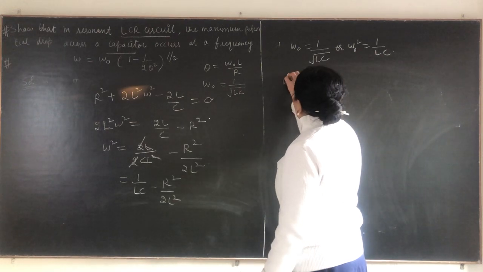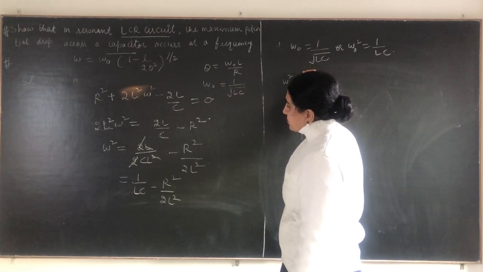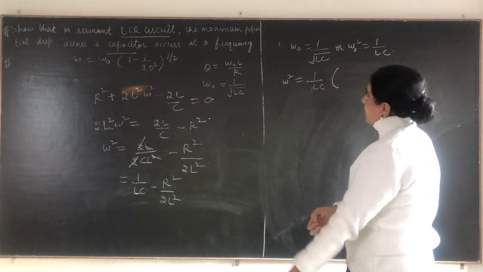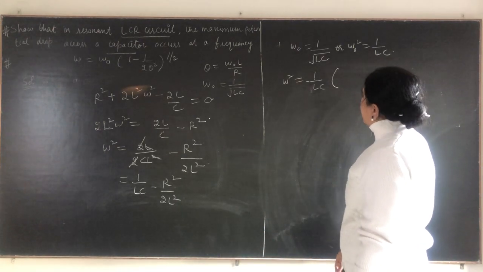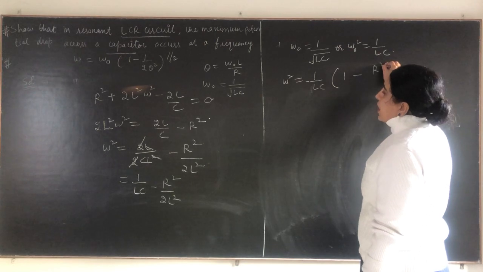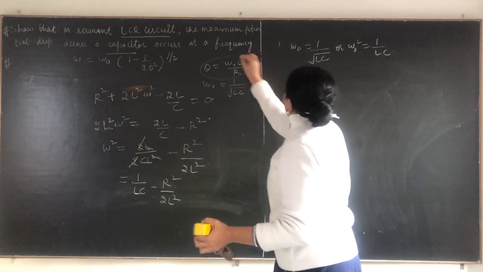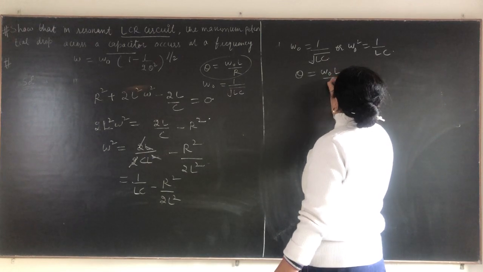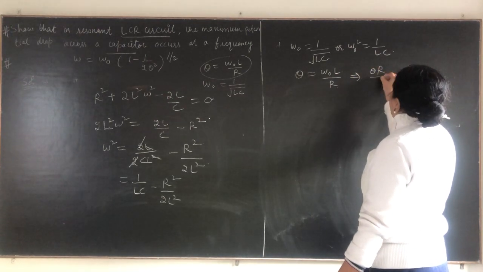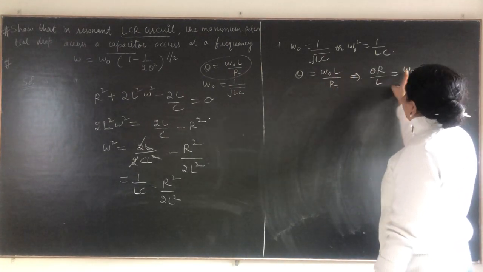So taking 1 over LC common, what do you get? 1 over LC times 1 minus r square over, or you can put from here, first of all, from this term Q is equal to omega naught L by R.